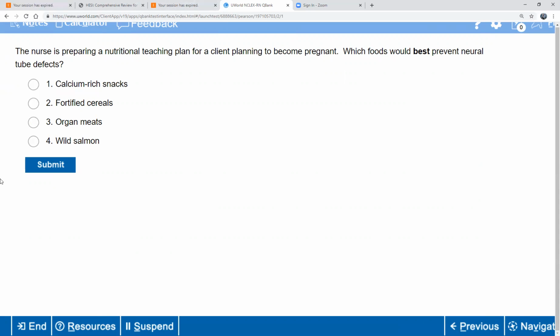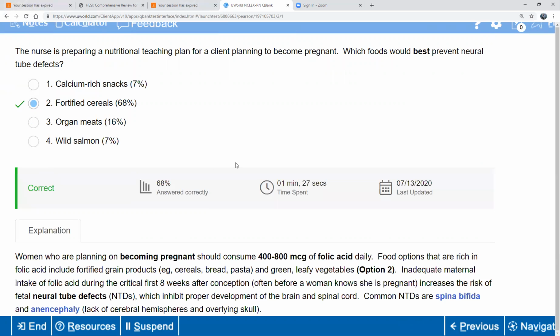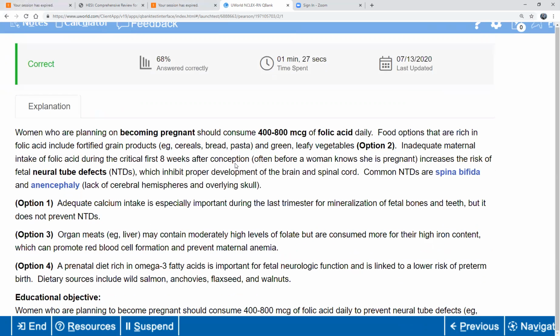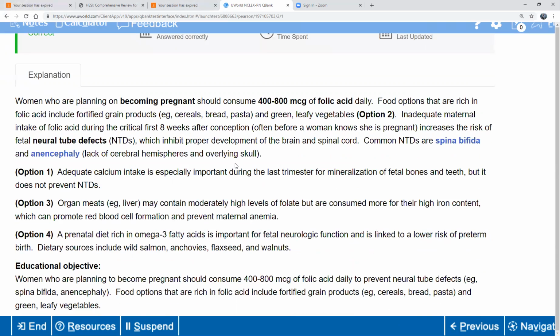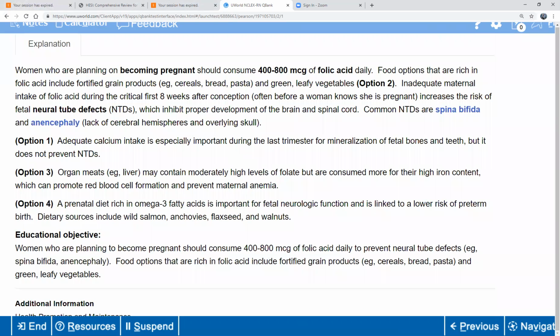Let's just try 2. Brussels sprouts, chickpeas, liver. Okay, your salmon is those omega-3 fatty acids. So the salmon was the right answer?